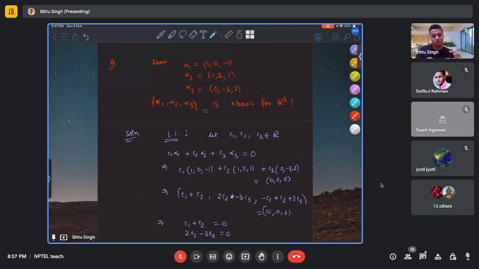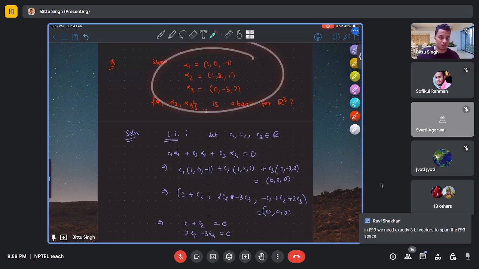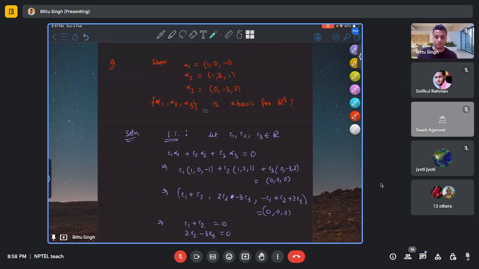Not only these, but any three straight lines such that the third line does not belong to the plane of the other two, we can conclude that they span the whole space. Yes, in R3, three linearly independent vectors span the whole space.